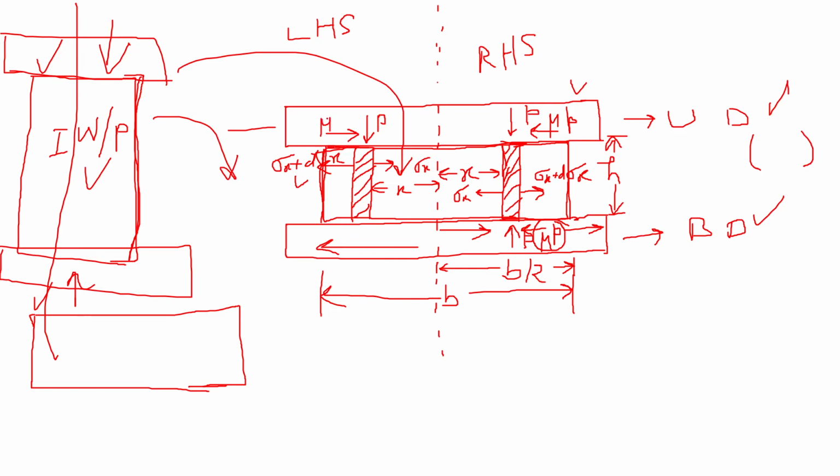The frictional stress due to the pressure would be mu P. Similarly, from the bottom side you have P and mu P. So we could see the stress, the pressure distribution, and the opposing stress developed on this slab on the right hand side as well as the left hand side.